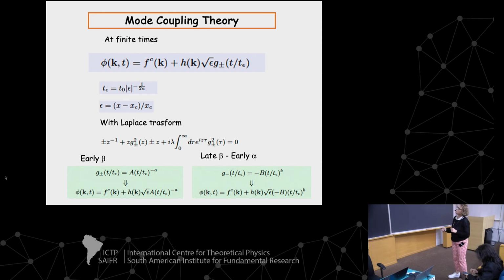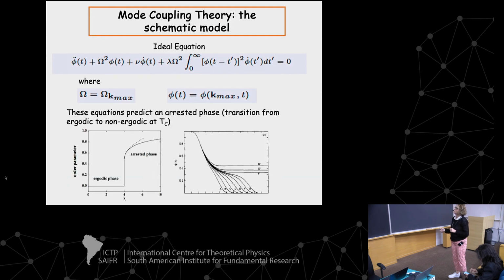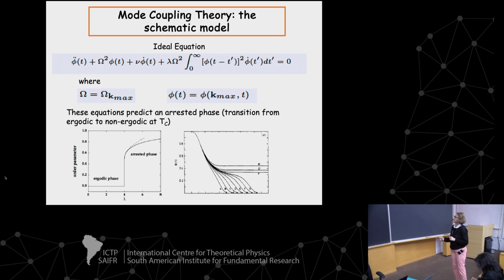What we found is that we can divide the f of q,t into regimes. We have the beta regime, which is when we enter into the plateau, and the alpha regime, which is when we go out from the plateau. So we have early beta, beta, early alpha, which overlaps with alpha, and alpha.